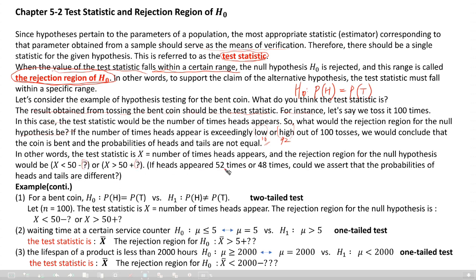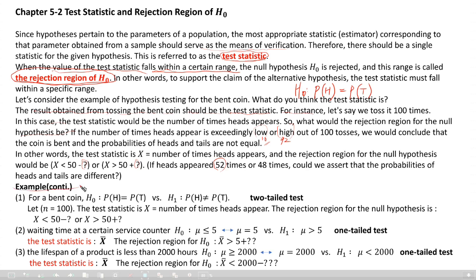If heads appear 52 times or 48 times, could we assert that the probabilities of heads and tails are different? No. Even if that coin is really a fair coin, heads can appear 52 times out of 100 tosses, right? Not exactly 50, no way.